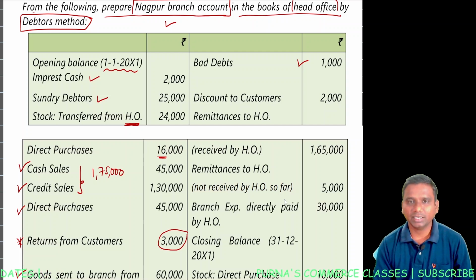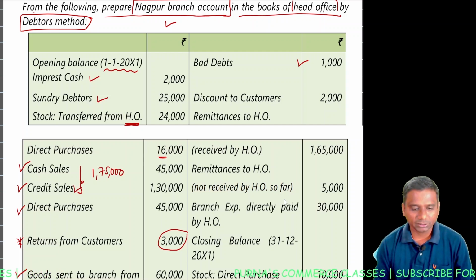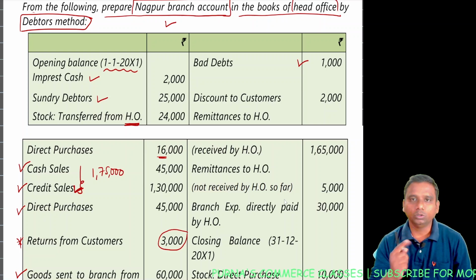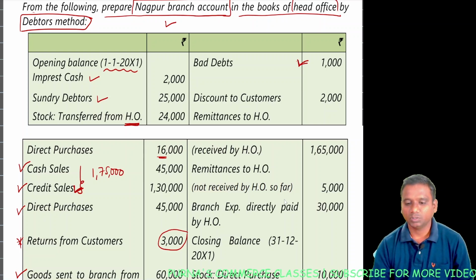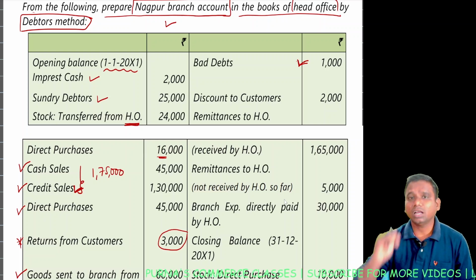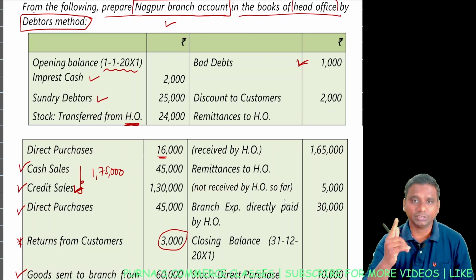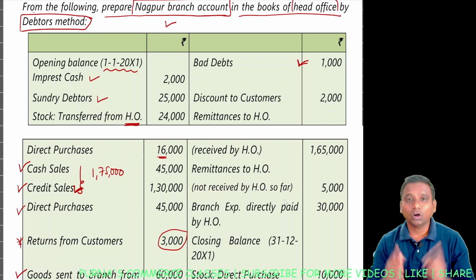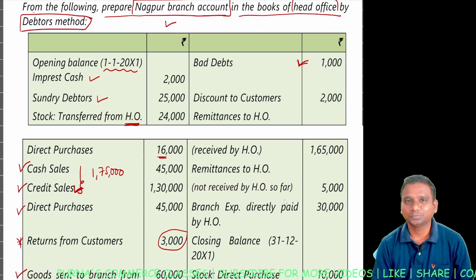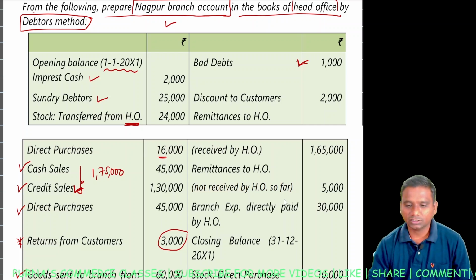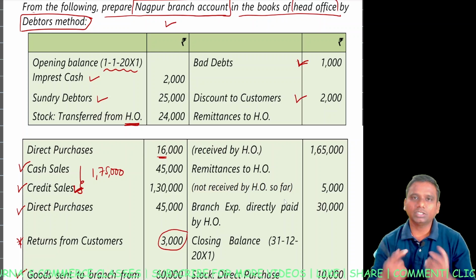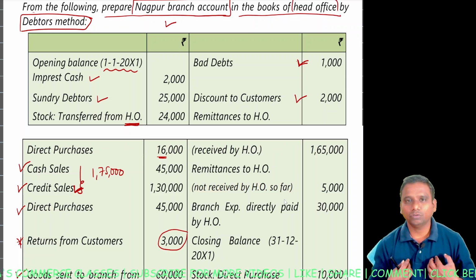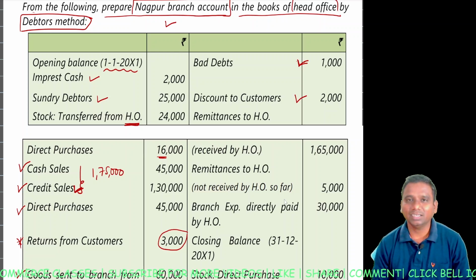Here our branch sold goods on credit, so 1,000 rupees of bad debts happened. If you observe the transactions discussed in the previous class, you cannot find the word bad debts, so for bad debts we will not record any entry. Next, discount to customers. For this also, as head office, we will not record any entry.